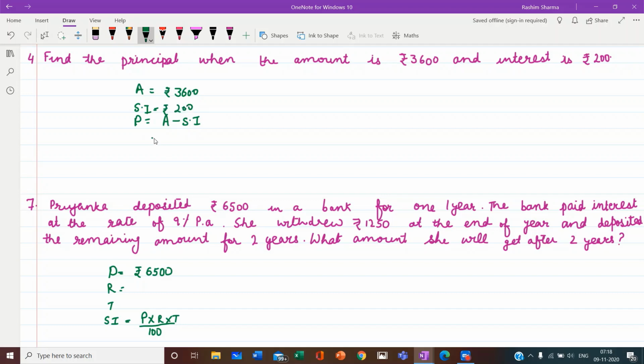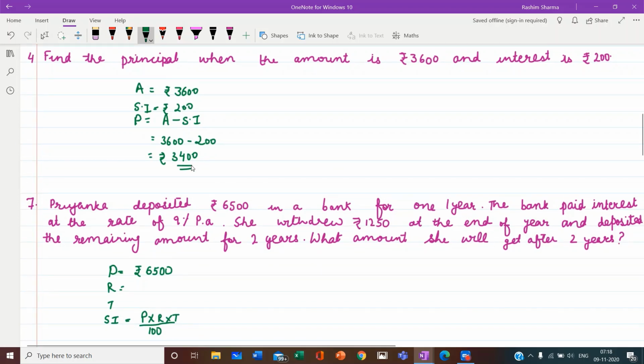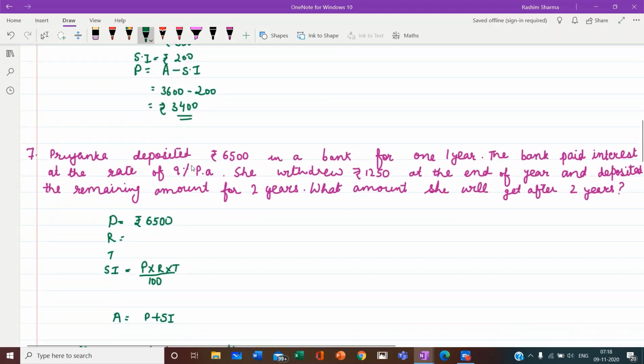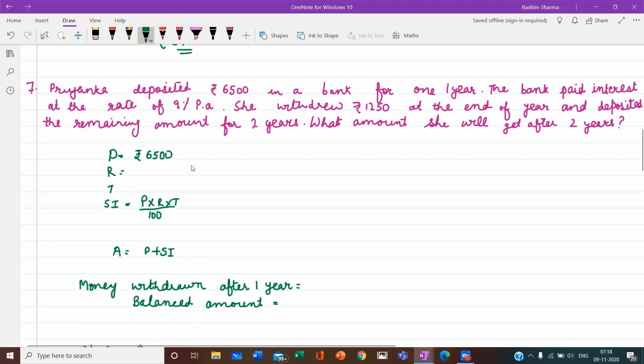So when we put the values in the formula of principal, that is amount minus simple interest, we get 3600 minus 200 rupees. 3400 is the answer.